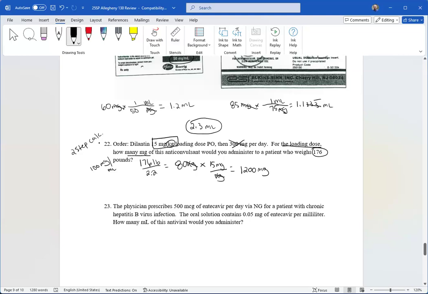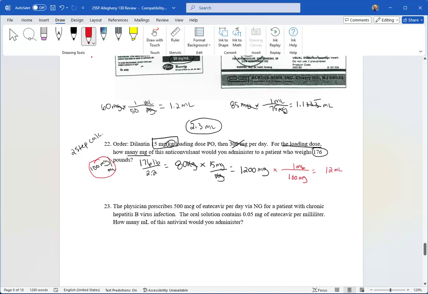Let's say that's a given. I'm going to put this in a different color so we can see. Let's pretend there's 100 milligrams per milliliter, and then we would just convert this to milliliters. I'm just adding this as an extra step in the event that they gave you the medication information, and then your answer would be 12 milliliters.